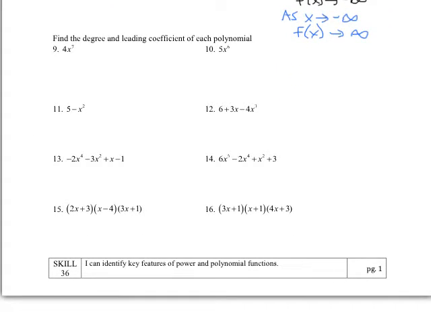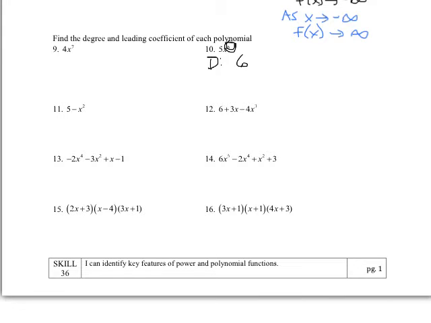Identify the degree and the leading coefficient of each polynomial. Well, this is pretty straightforward. The degree is the highest number of the exponents. So in this case, we only have one exponent, so our degree is 6.